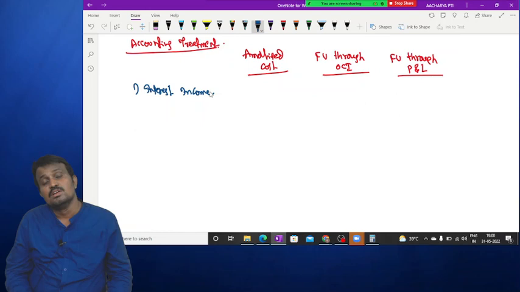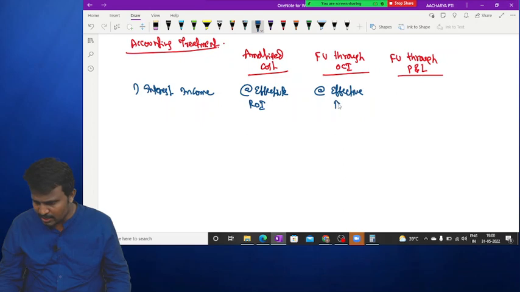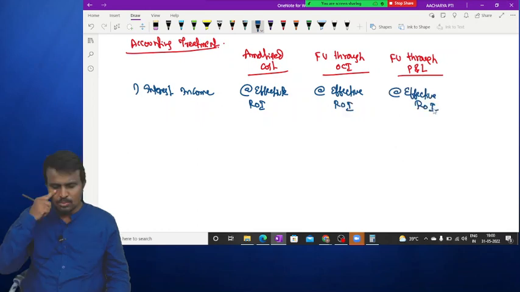It is always calculated on the invested amount, nothing but market value. So interest income is always recognized based on effective rate of interest, in all three cases.